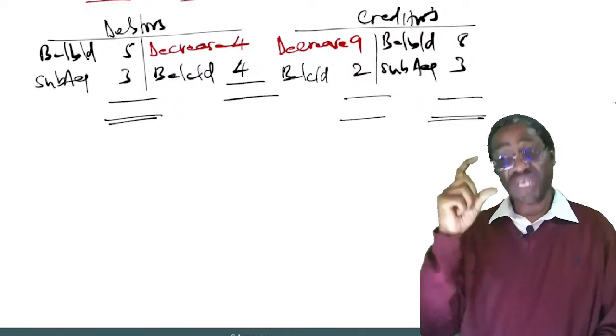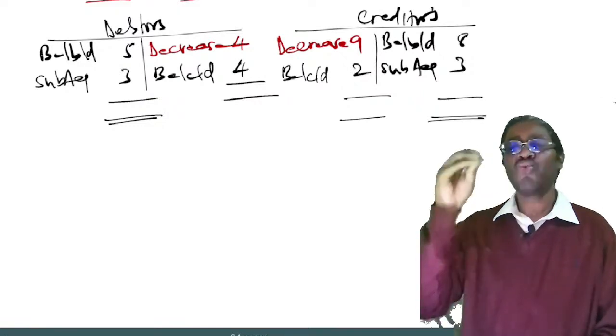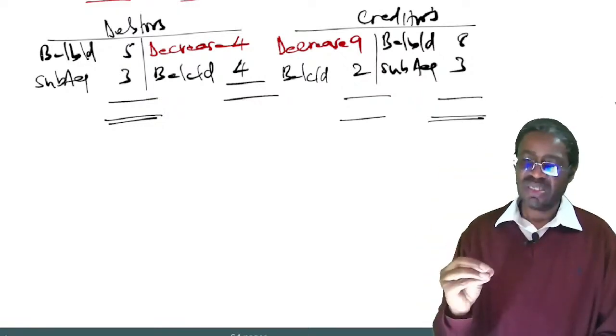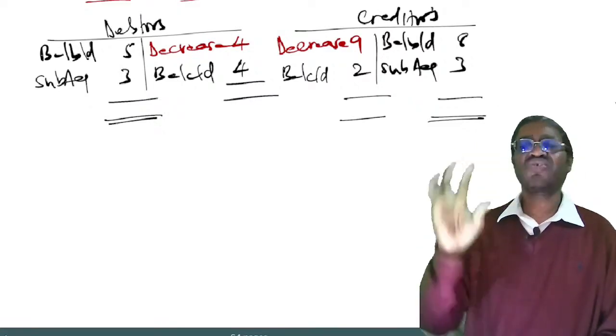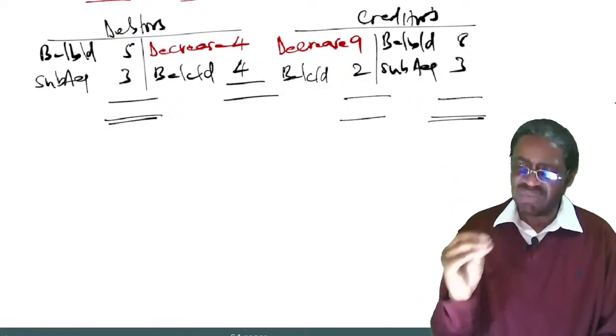Anytime you are given a cash flow question, you had to analyze. Not literally putting down the workings, no. But you had to analyze every item in the balance sheet.